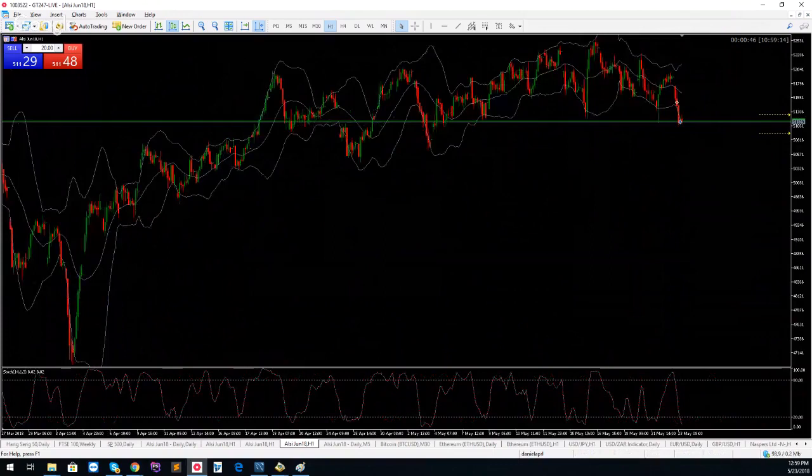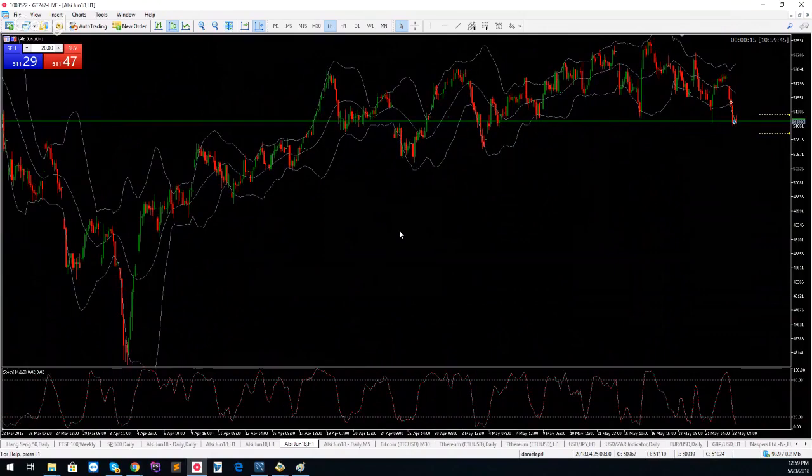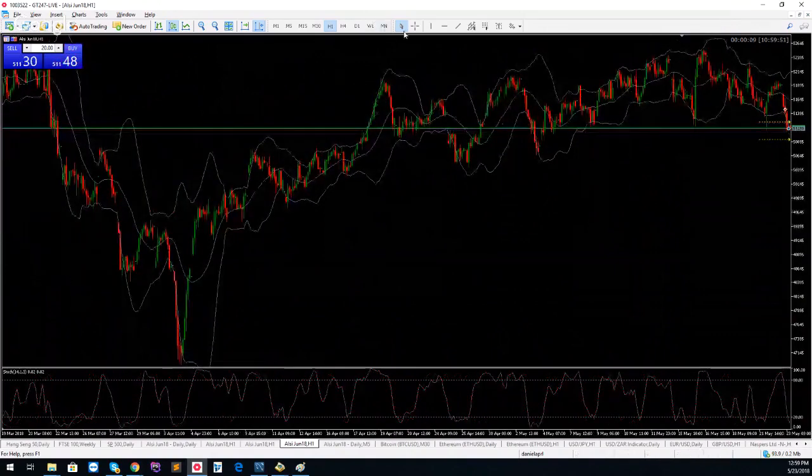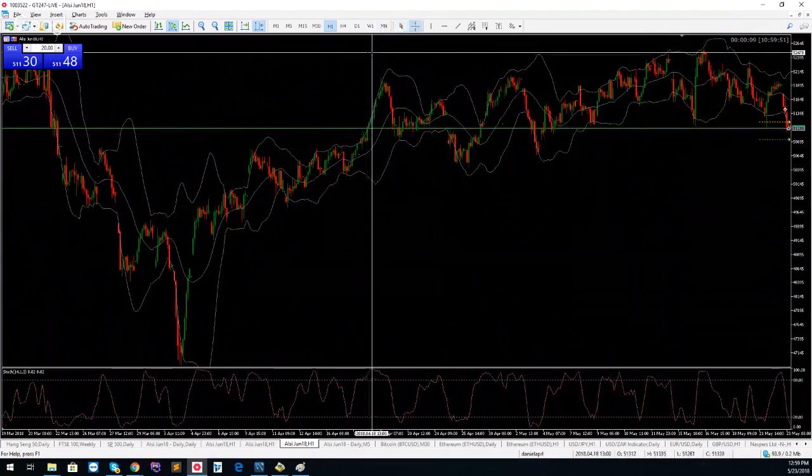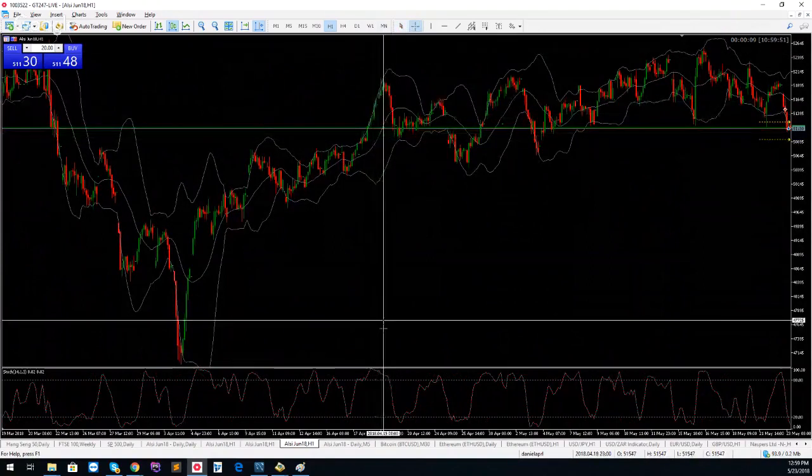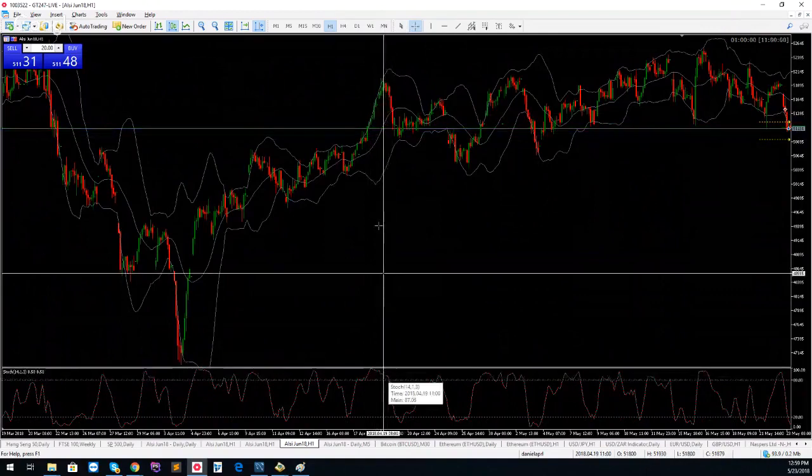Then we use the stochastic to show us a slowdown in momentum and speed, if there's a divergence in the indicator. So where would the divergence be? See, there's a divergence indicator there and there. So there's a divergence between that point and that point.